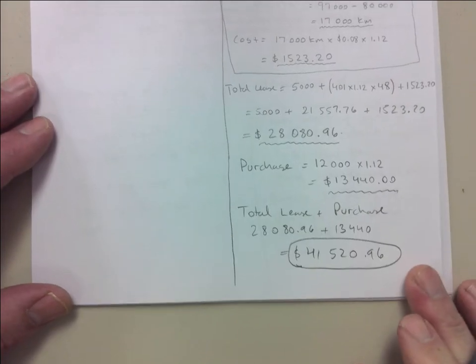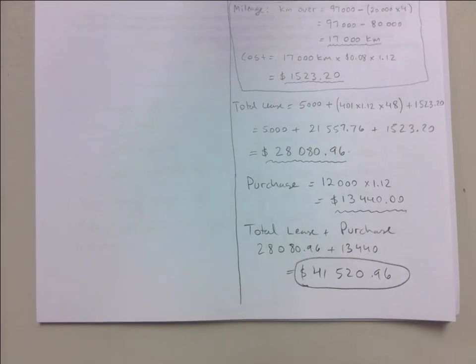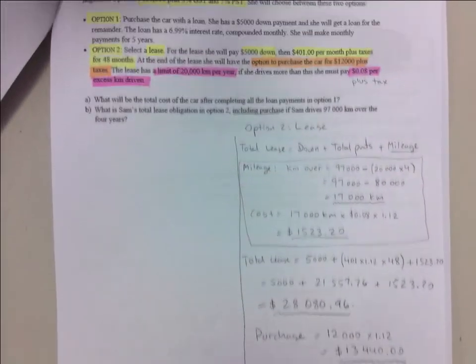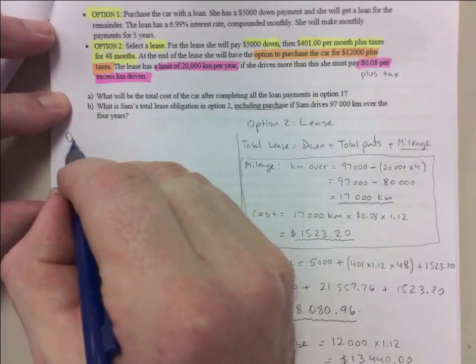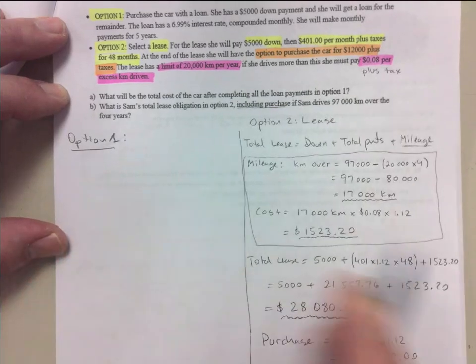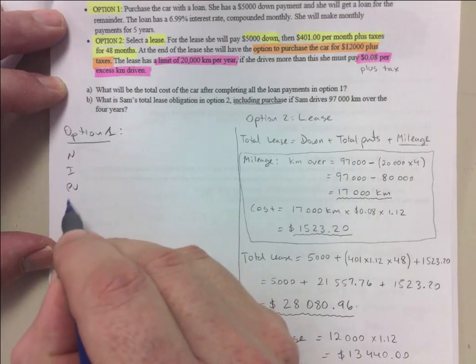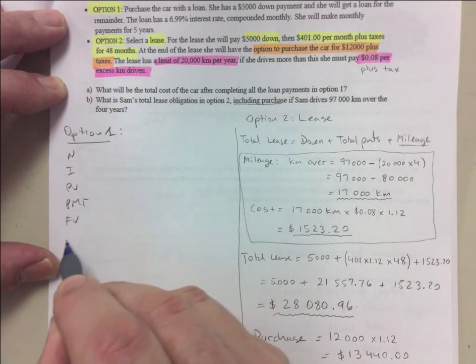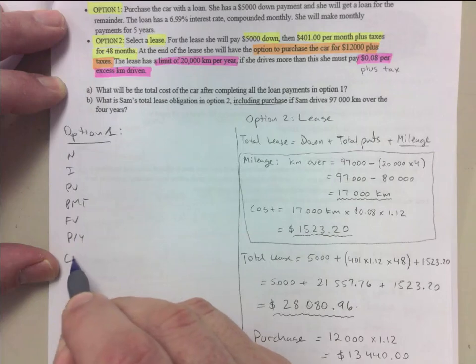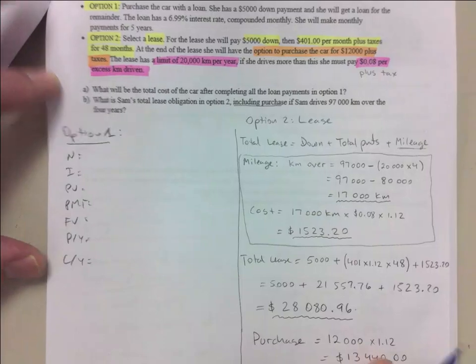We're financing it, meaning we're buying it, we're going to the bank getting a loan to buy it. So I'm going to go up here. This is option 1. And here's your N, I/Y, PV, PMT.